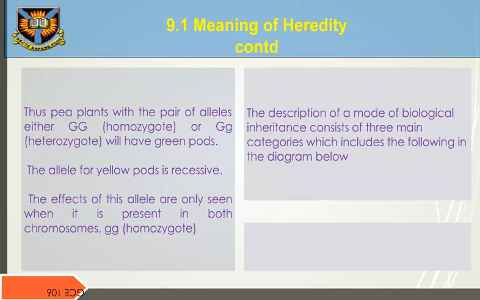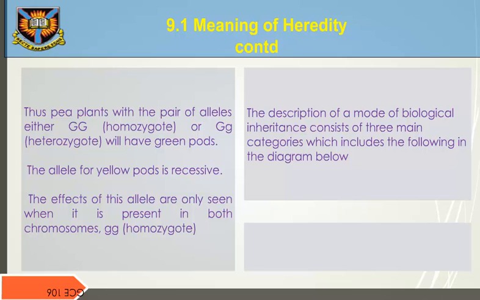Thus, pea plants with a pair of alleles, either GG homozygote or Gg heterozygote, will have green pods. The allele for yellow pods is recessive. The effect of these alleles is only seen when it is present in both chromosomes, gg homozygote.